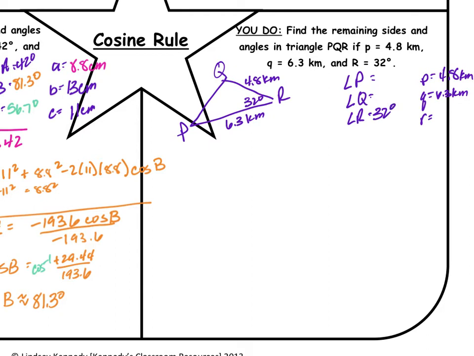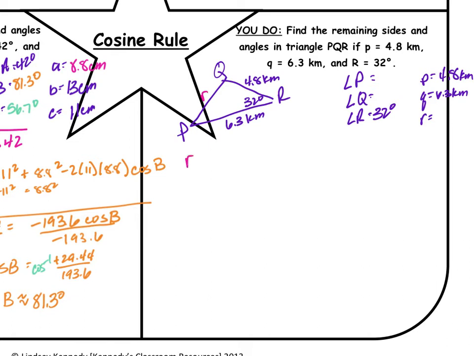Okay, so what can we find first? We can find side R first because I know angle R. So I'm going to start there.